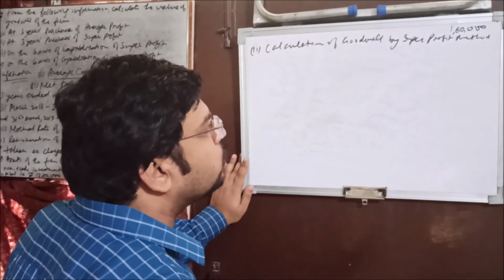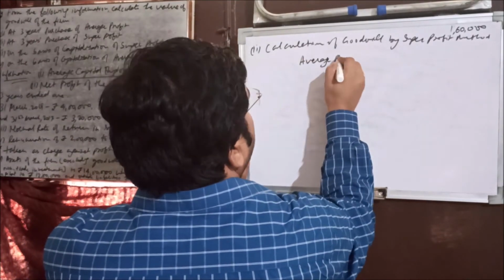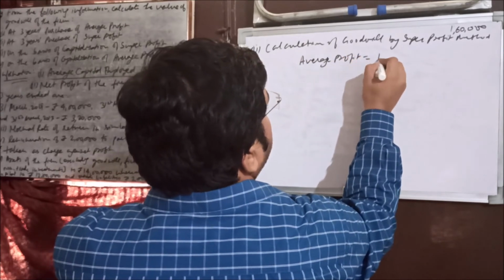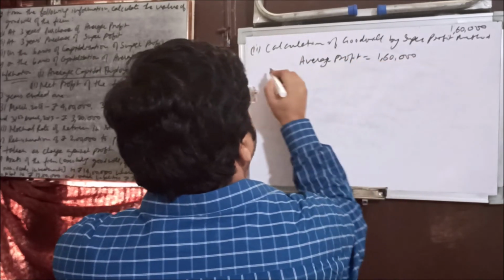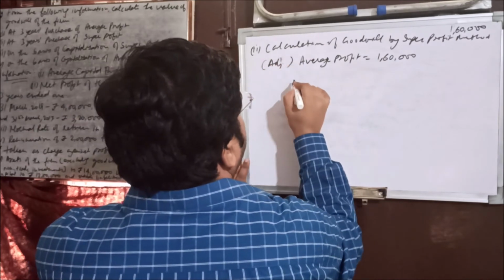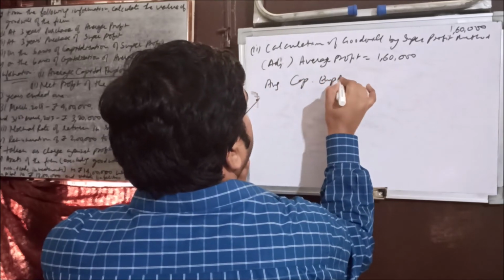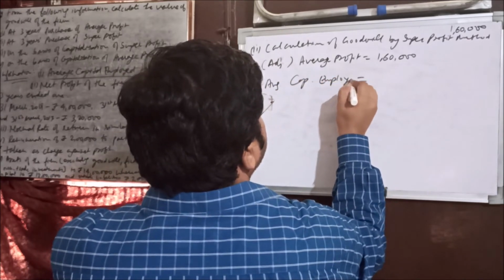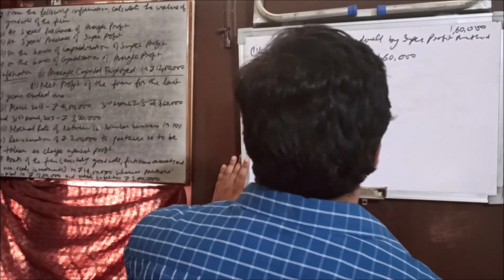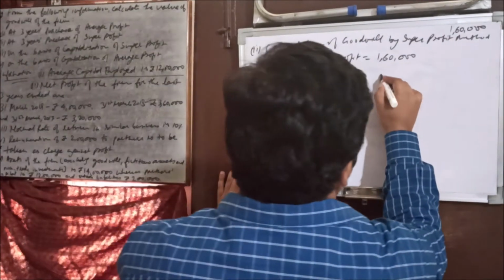Calculation of capital employed, it is also given. I just note down everything here. Average adjusted profit is 1,60,000. I just add 'adjusted' here, otherwise you get confused. And average capital employed is already given in the question. How much? That is 12 lakh, right?